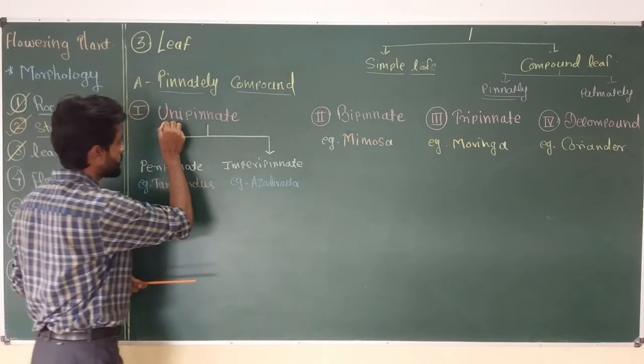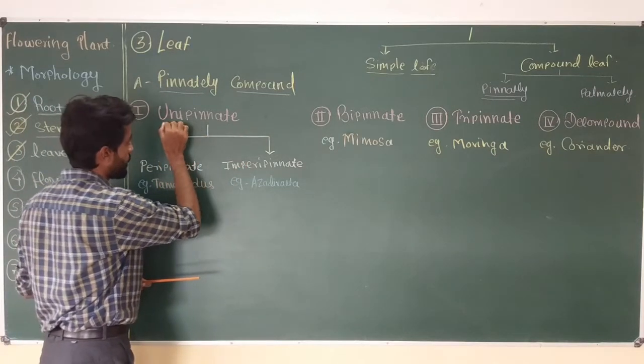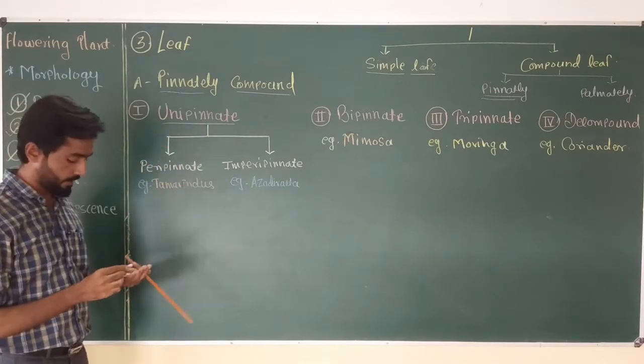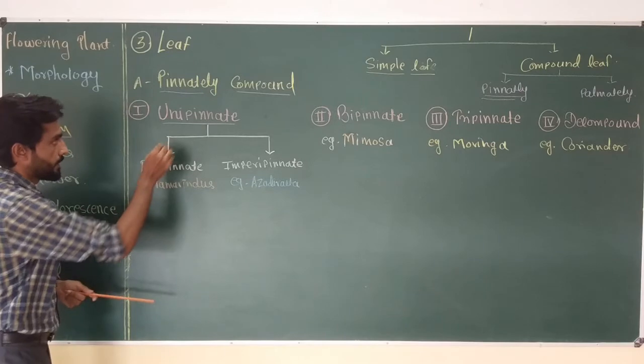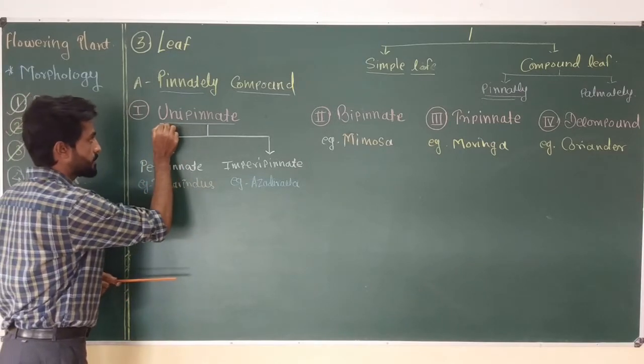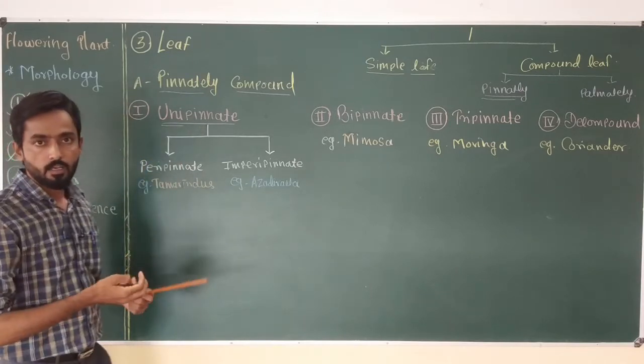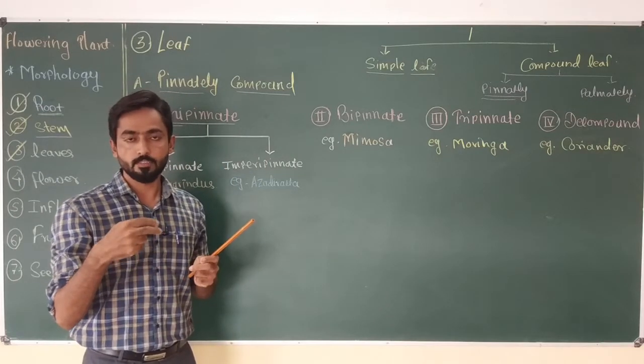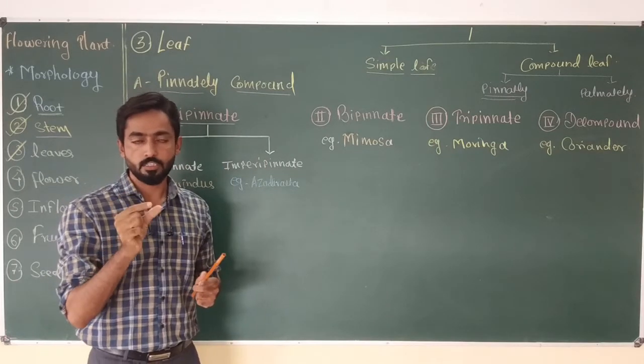The first type of this pinnately compound leaf is unipinnate. What is unipinnate? In this type of leaf, as the name suggests, uni means single. A single cut is present in the lamina or leaf blade, and due to the single incision, a structure called pinna or leaflet is produced.